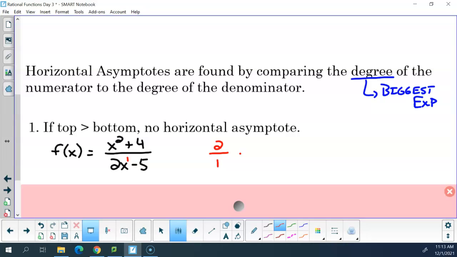So then that would be a big over small case. And so therefore we would have none for our asymptote. Okay? So we would say here our horizontal asymptote is none.